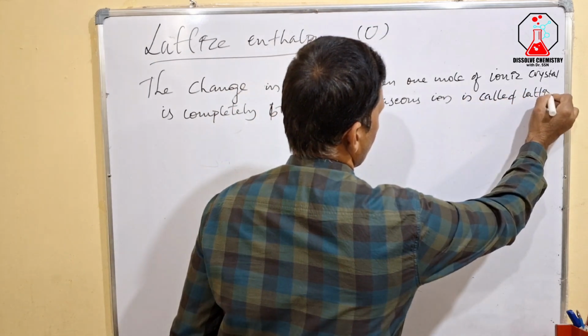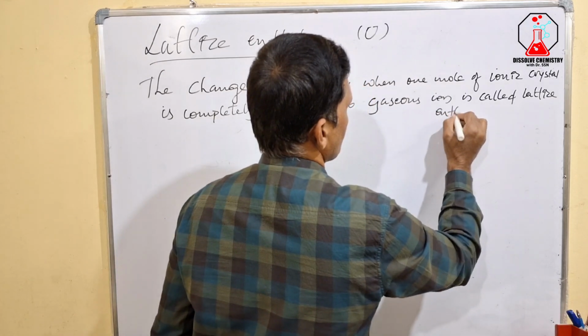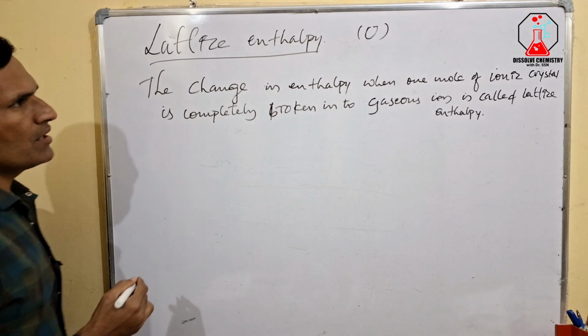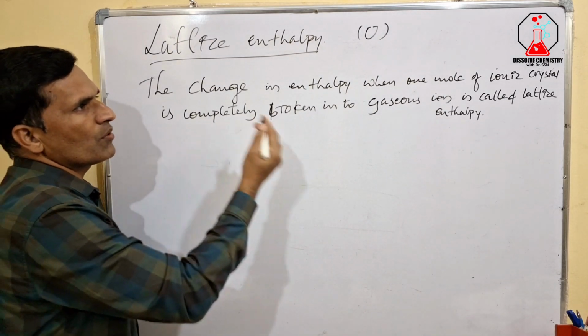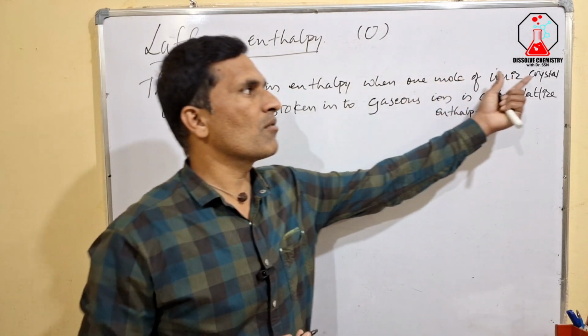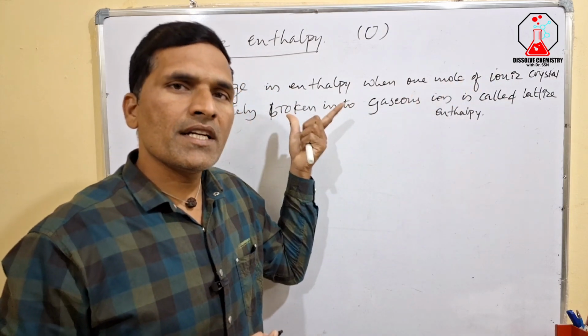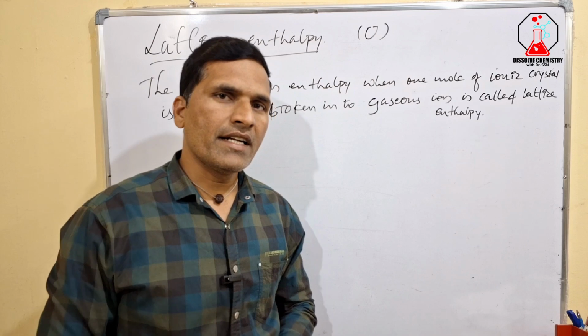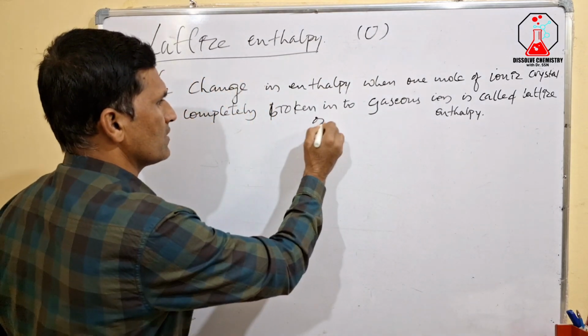Or in other words, we can define it another way: the change in enthalpy when 1 mole of ionic solid is formed by the combination of its gaseous ions is also referred to as lattice enthalpy. So let us write this.